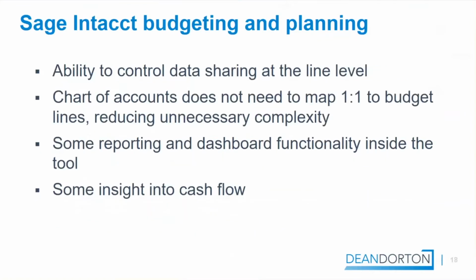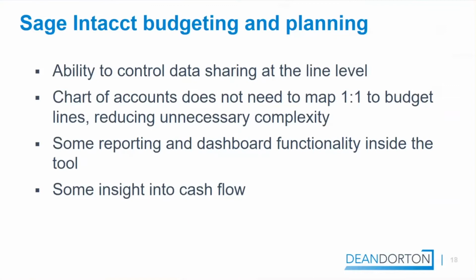Some other things about Sage Intacct Budgeting and Planning. So you have the ability to control whether or not people can see data at the budget line level. So if you think about it, that's really a tremendous amount of flexibility. You can control line by line what people are allowed to see and not allowed to see. The chart of accounts does not need to map one-to-one to your budget line, so that helps to reduce unnecessary complexity.